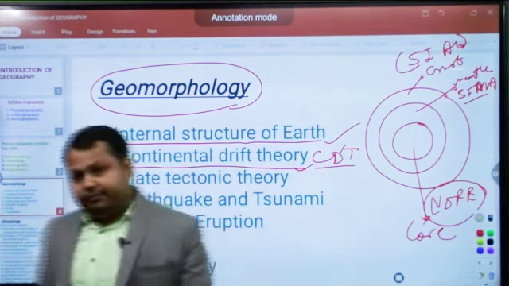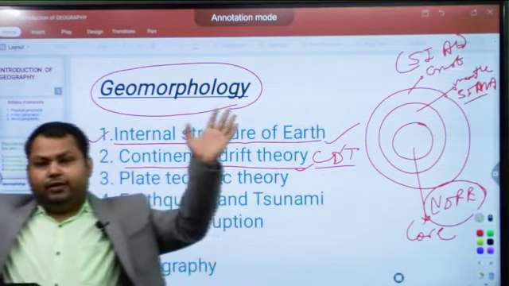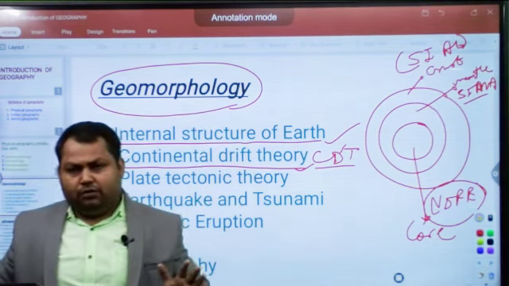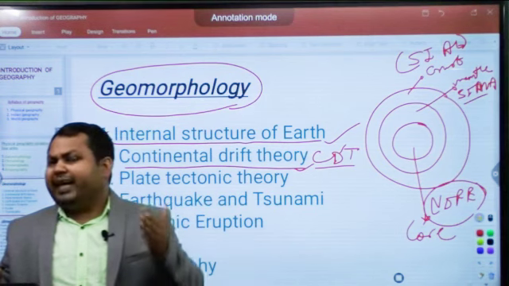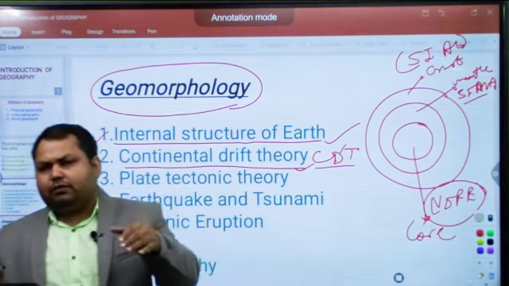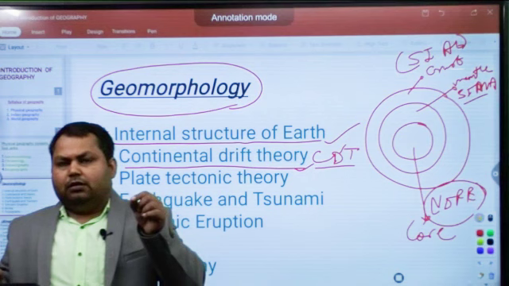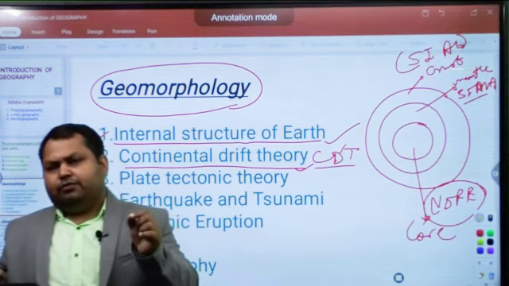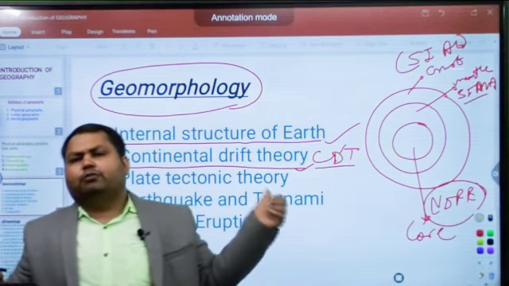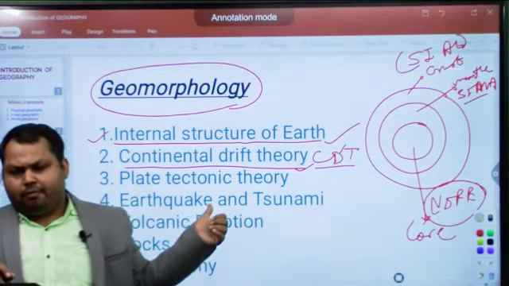He is probably the first scholar who became able to justify it and gave a very conceptualized theory related to the movement of land masses.